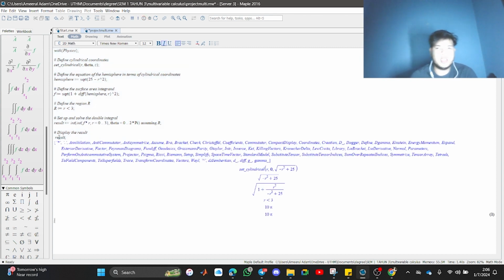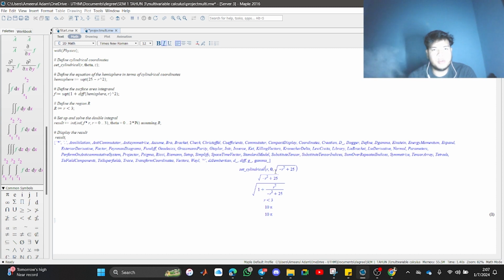So here it is. Set the cylindrical coordinates r, theta, square root of negative r to the power of 2 plus 25 in brackets.